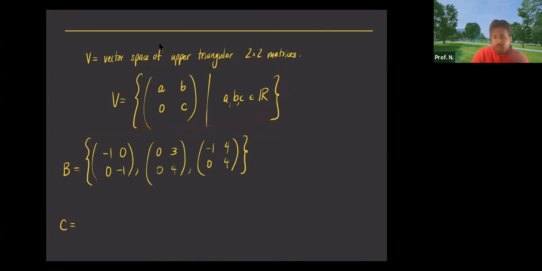And why should it be only 3 if you're dealing with a 2 by 2 matrix? Why is the dimension of V 3? Yeah, the lower left 0 isn't counted, right? So it's always 0.